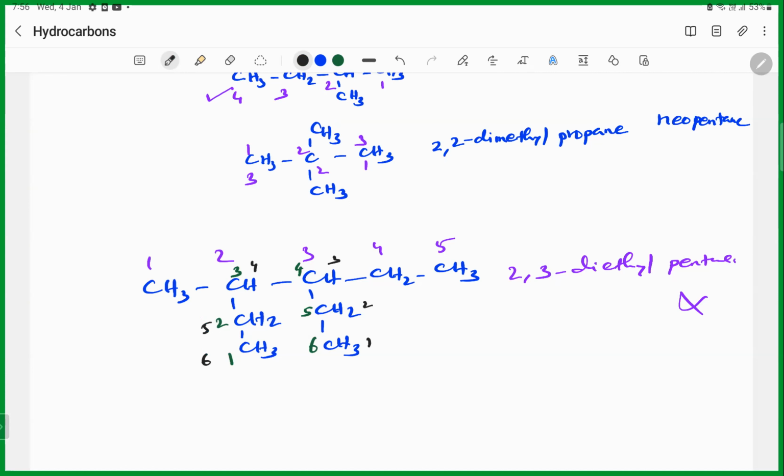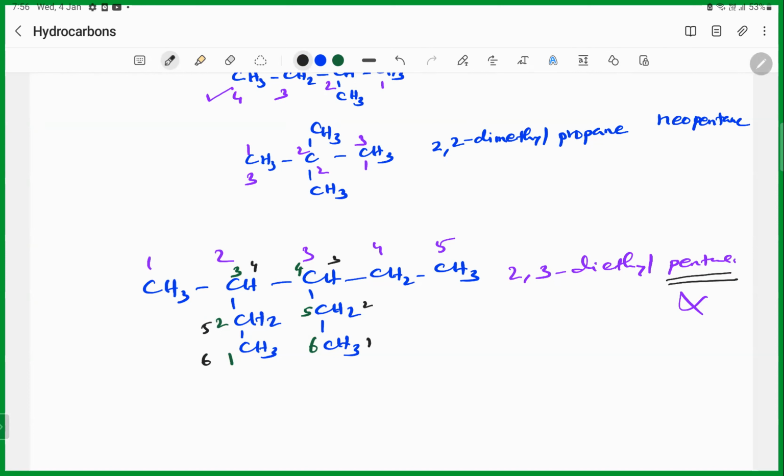When you give the name by the green path or by the black path, you are getting the third and fourth positions substituted. So you can take any of these, that doesn't matter. Whereas here there are 6 carbons, but you have chosen only 5 carbons. So you have to choose the longest chain.